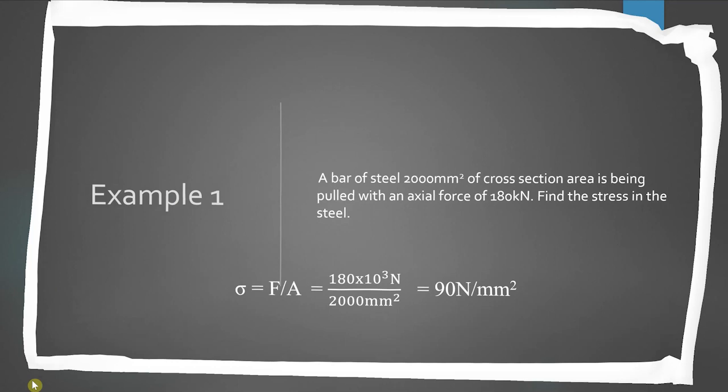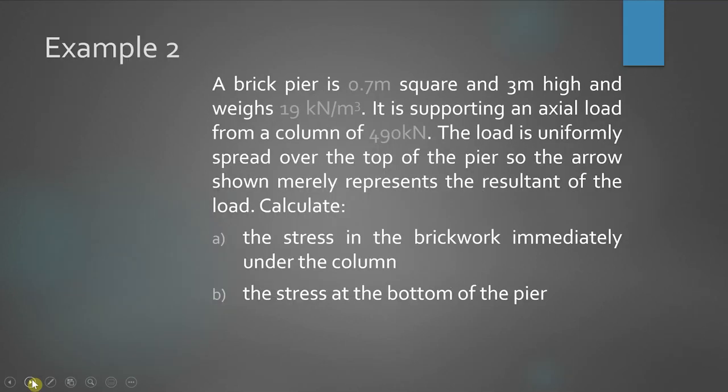Then we can go to example number 2. Example number 2, a brick pier is 0.7 meter square. So this is a brick pier, meaning the pier is like a column, but the pier is mostly bigger. And normally a pier is used in places with water, like a bridge, so we call it a pier.